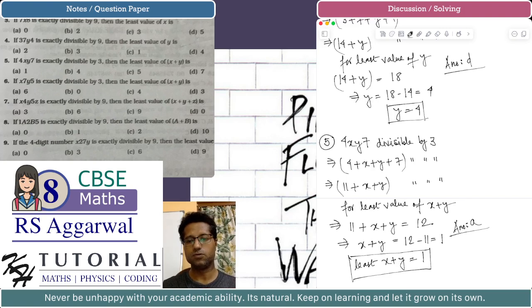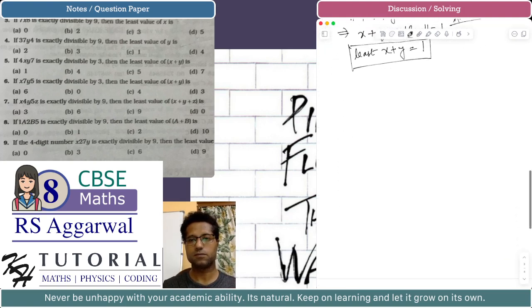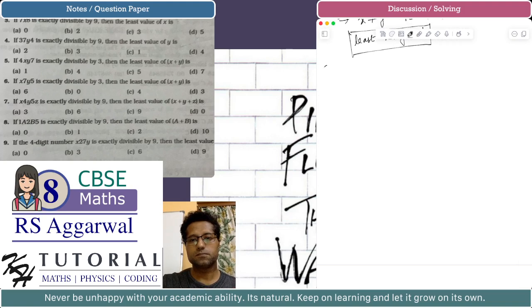Okay, let's do problem number 6. The number is x7y5. If this number is exactly divisible by 3, then the least value of x plus y is. Okay, so it is given this is divisible by 3.